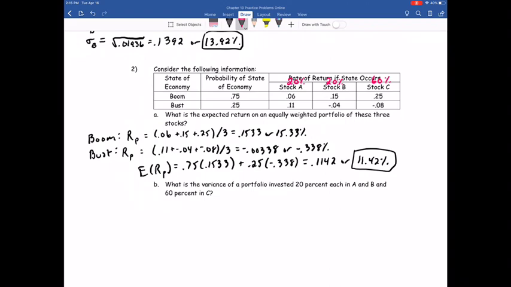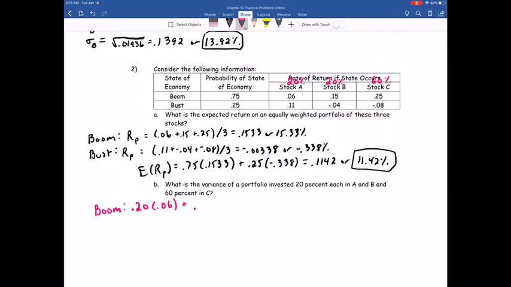So the first thing we need to do is figure out what my return would be in a boom economy if I have a 20% investment in stocks A and B, and a 60% investment in stock C. Previously, in part A, we just added up and divided by 3 since it was equally weighted. But in this scenario, 20% of my portfolio is in stock A, and in a boom economy, stock A would generate a 6% return.